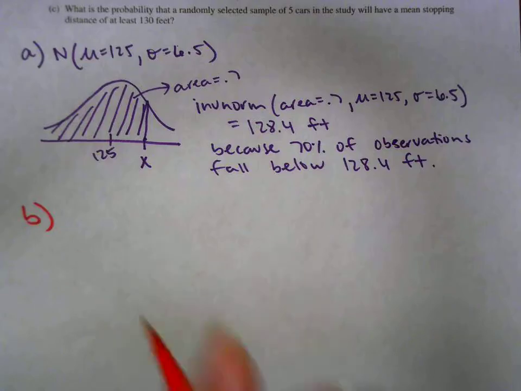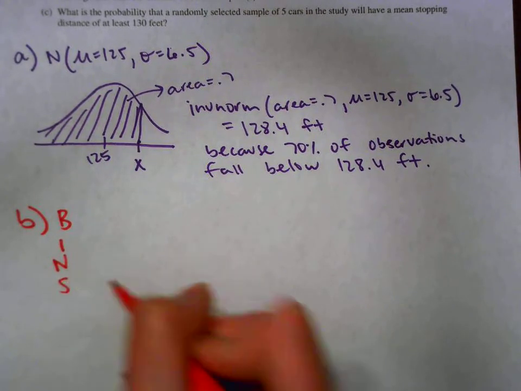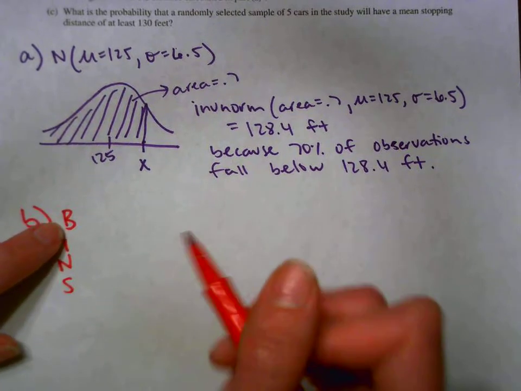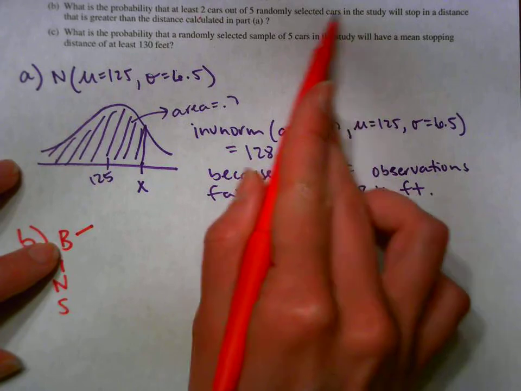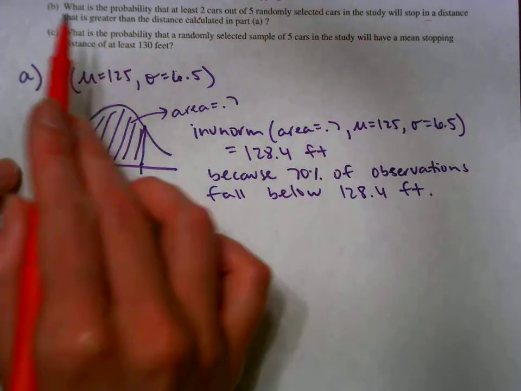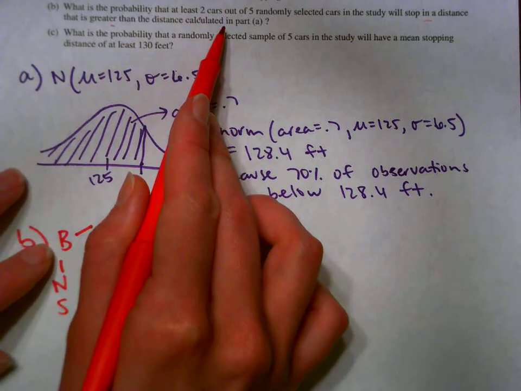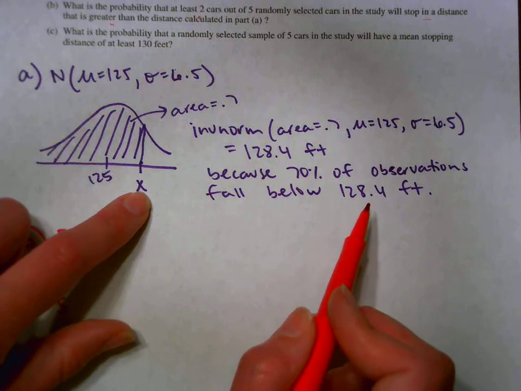So if I think about my BINS, to make sure, the S is just success and failure. So what would your success be? The probability that a car will stop at a distance that's greater than the distance calculated in part A, so greater than this 128.